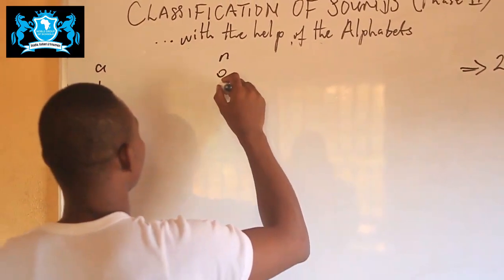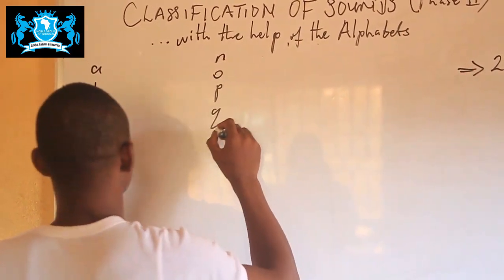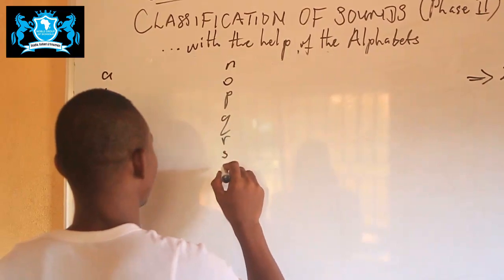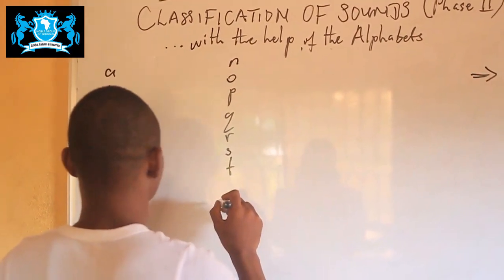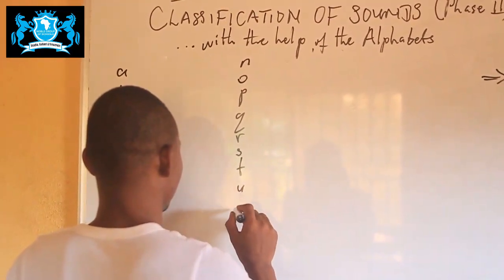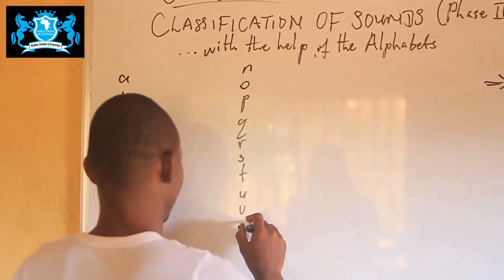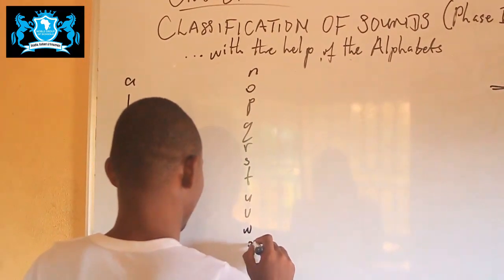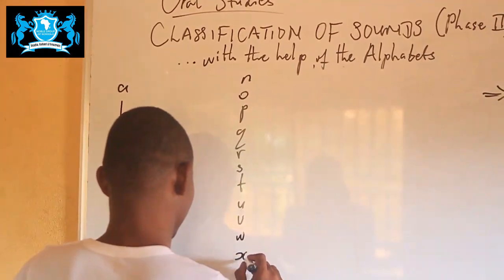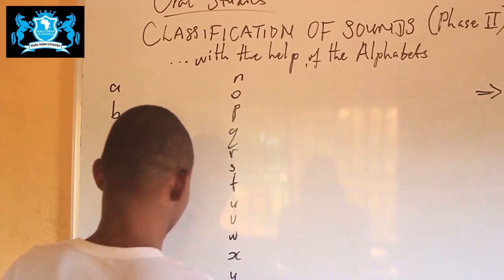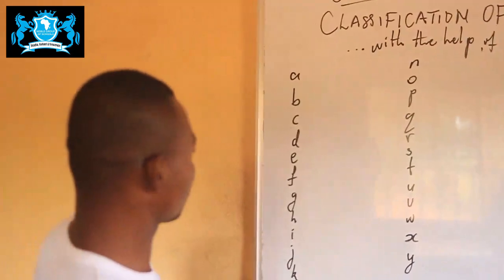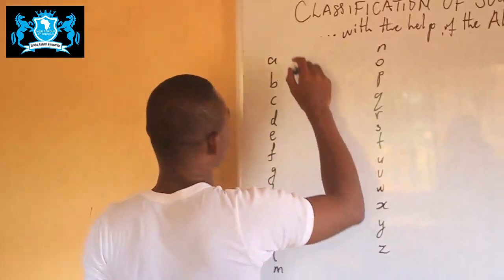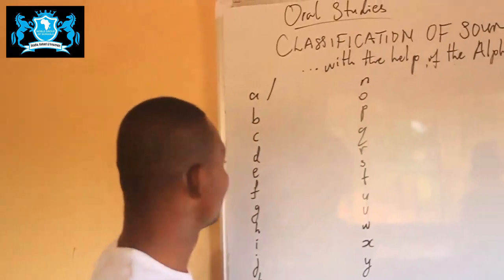N, O, P, Q, R, S, T, U, V, W, X, Y, and Z. So if we go from here, let's transcribe.